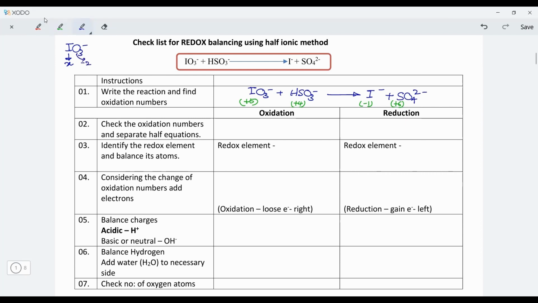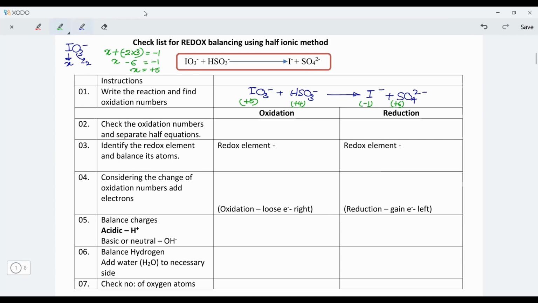Then, by doing a simple calculation, the sum of the oxidation numbers should be equal to the charge of that particular ion. So here x plus minus 2 times 3 equals minus 1, right? If you simplify this, x minus 6 equals minus 1. You can understand now how it is coming plus 5.